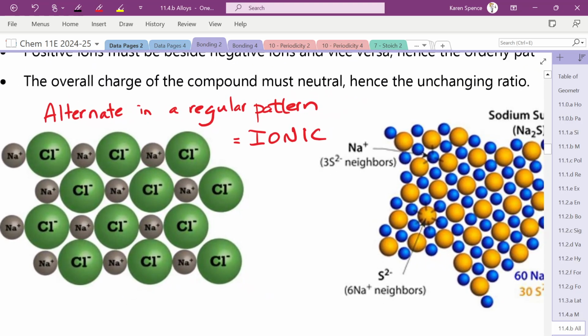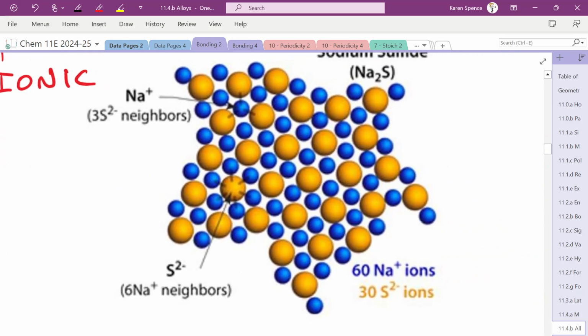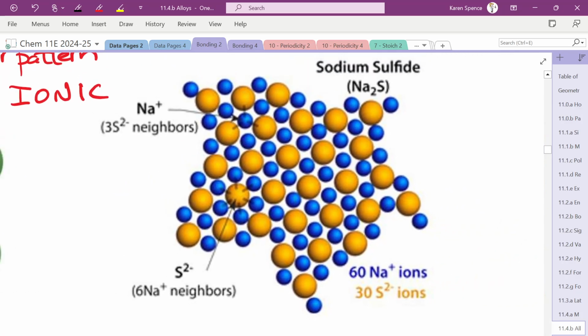I don't think they're ever going to give you anything that's not a one-to-one. But if they do, can you see that the one on the right is also a regular pattern? Do you see the regular pattern?